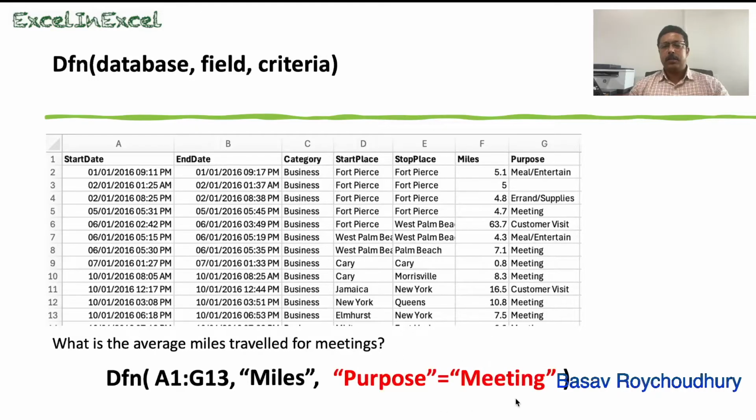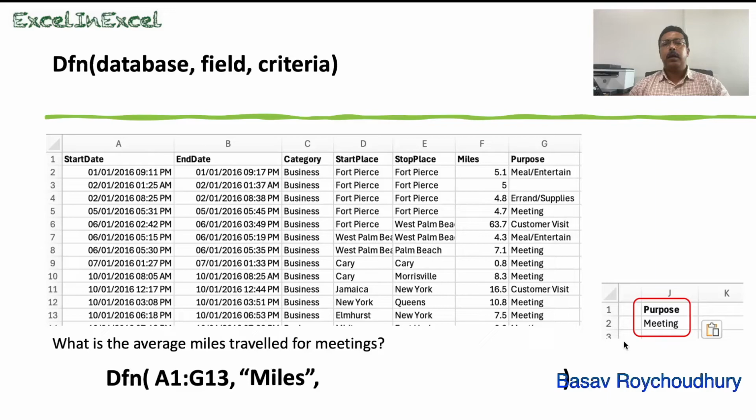Rather, this is wrong. The criteria must be in the form of a range. So here I have added a range. What is the name of the field in which I am looking for the values? The field name is purpose. So here I have the purpose, and purpose should be what?